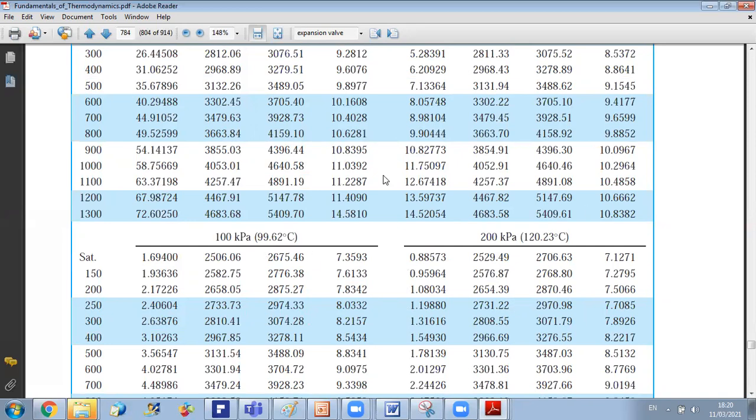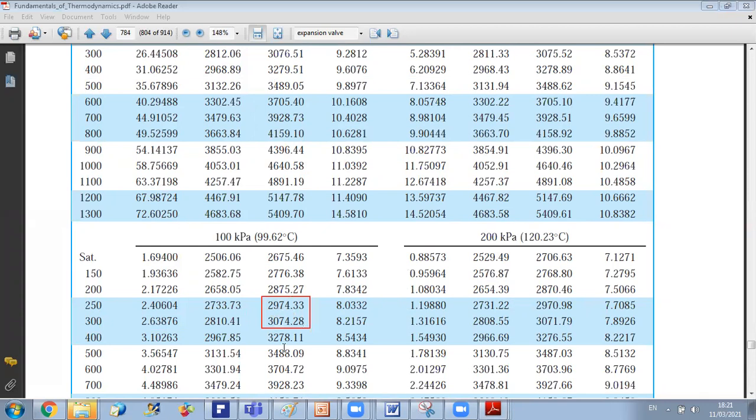Let's say, for example, my H was equal to 3000. Then if H is 3000, I will look here. H 3000 is between these two. So I want 3000 in this column and 3000 here also, and 200 kilopascal.